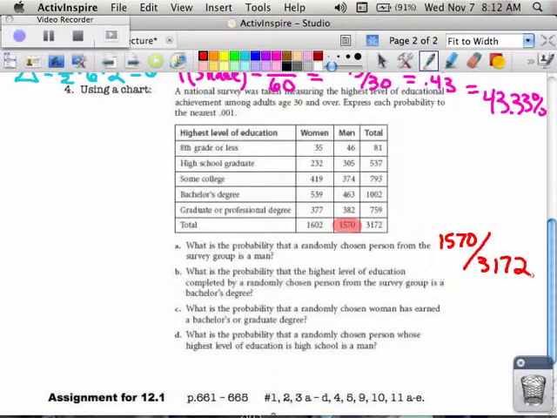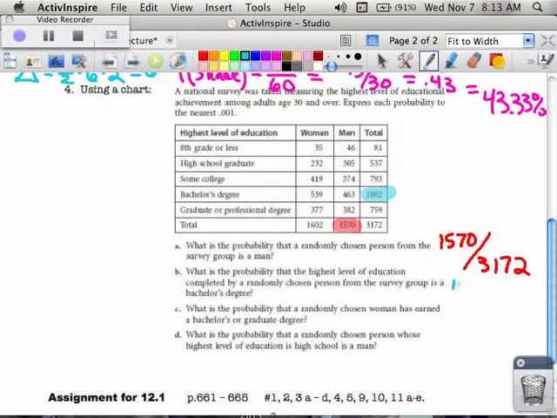The second question is, what's the likelihood that the highest level of education completed by a randomly chosen person is going to be a bachelor's degree? So now you look for bachelor's degree. And if I look for bachelor's degrees, those are these right here. This is the total. So the bachelor's degrees total is 1,002.